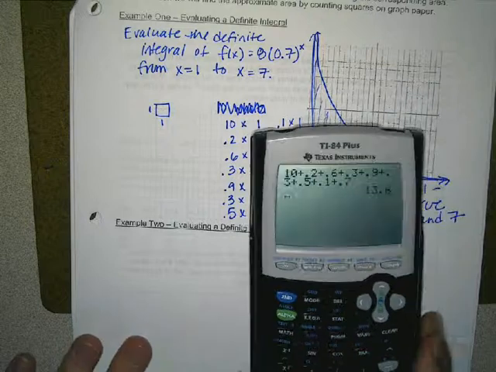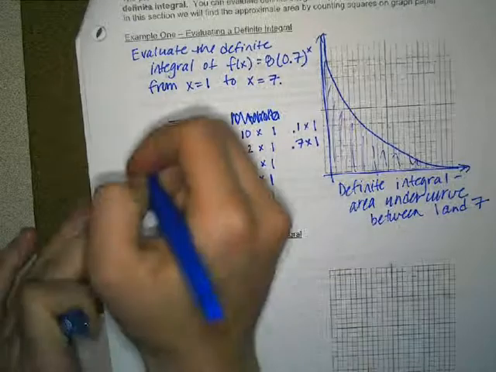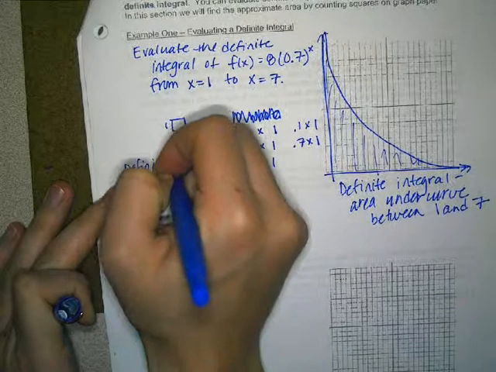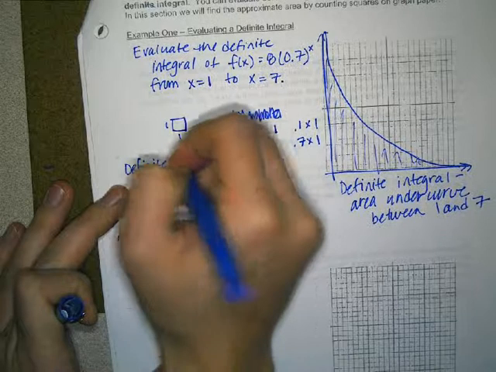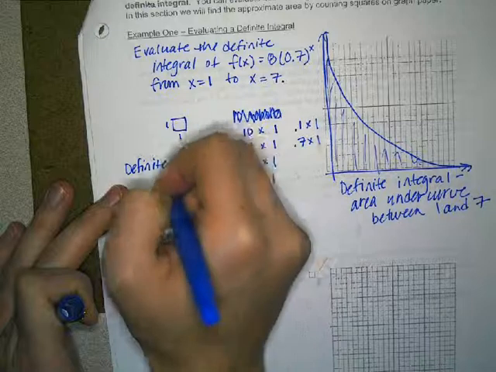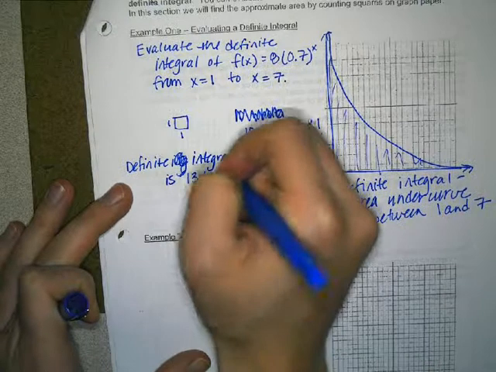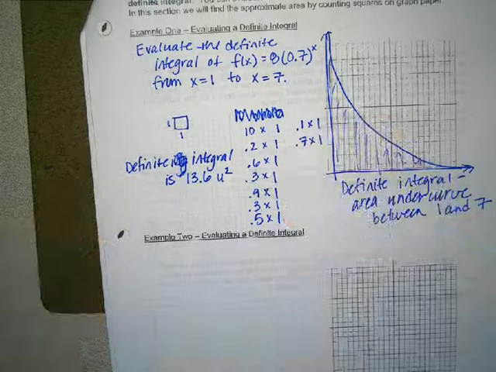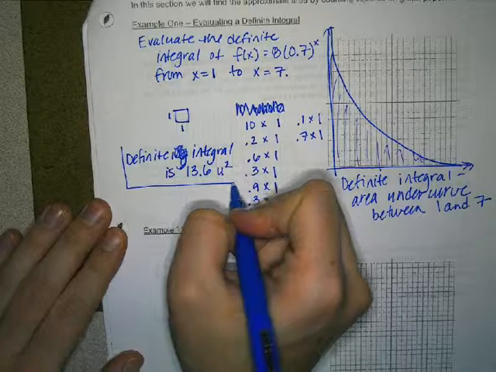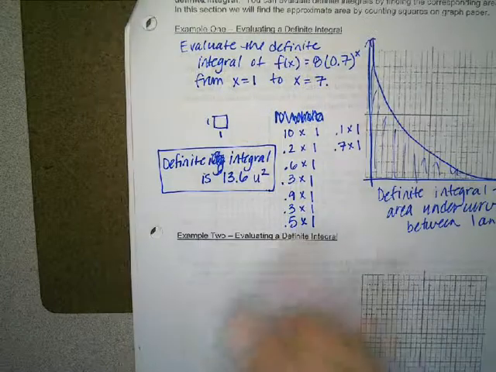So we would say, based on this, the definite integral is 13.6 square units. So that will be 13.6, yeah, 13.6. So that would be basically how you do this type of problem, and this is very basic.